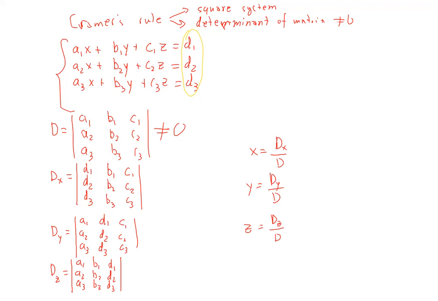Actually, Cramer's rule is a direct consequence of the explicit formula for the inverse. However, let me do an example in the 2x2 case. Let's say that I have 3x plus 5y is equal to 1, and negative 2x plus 7y is equal to 3. This is a system that is not so simple to solve by any other method.